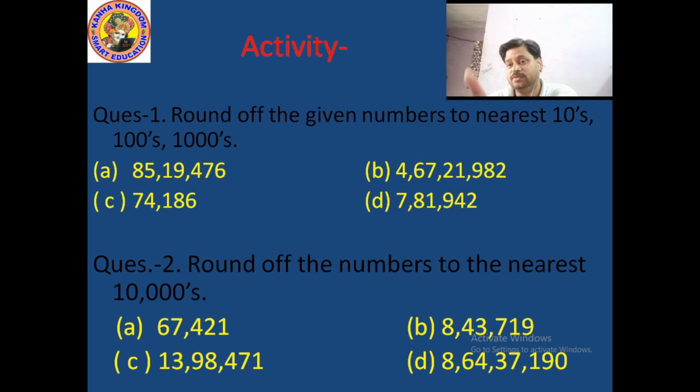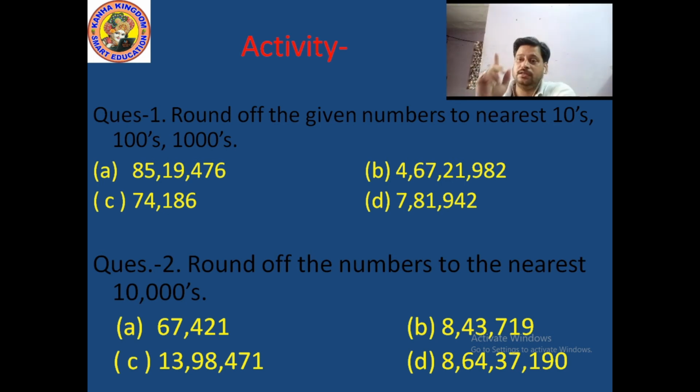Yes, very good. If ones place is less than 5, then nothing is changed in tens place. And see here, 3 commas means 4 periods, and the 4th period is crore period, means this is crores value.